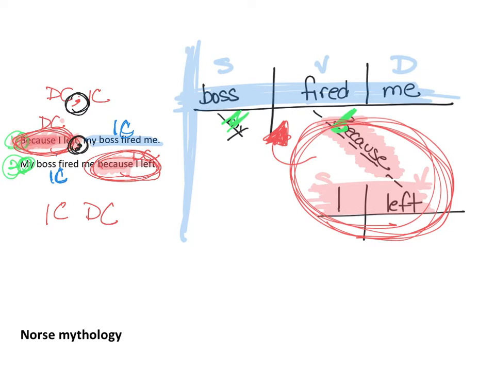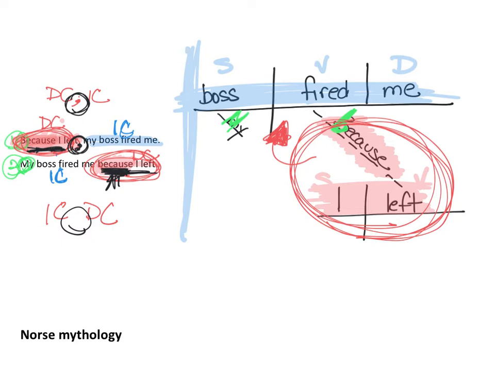If the independent clause is up front, well, your subordinating word already separates the two, so you have no punctuation at all. But the defining characteristic of these subordinate clauses, or ICDC, DCIC sentences, is that this dependent clause can move from the front to the back. So that's how you know it's actually subordinate.